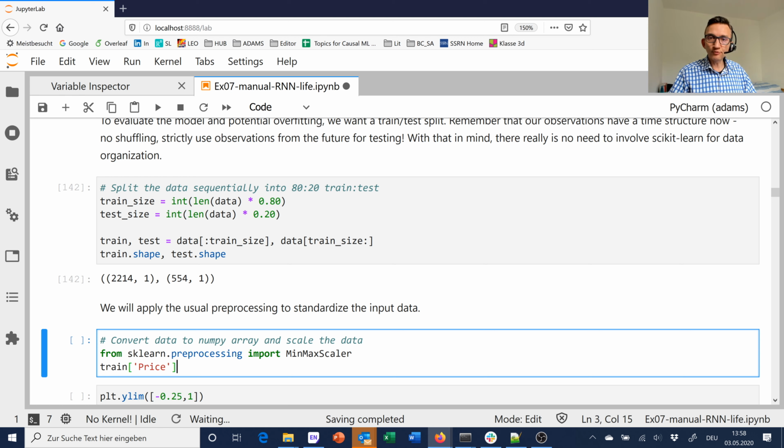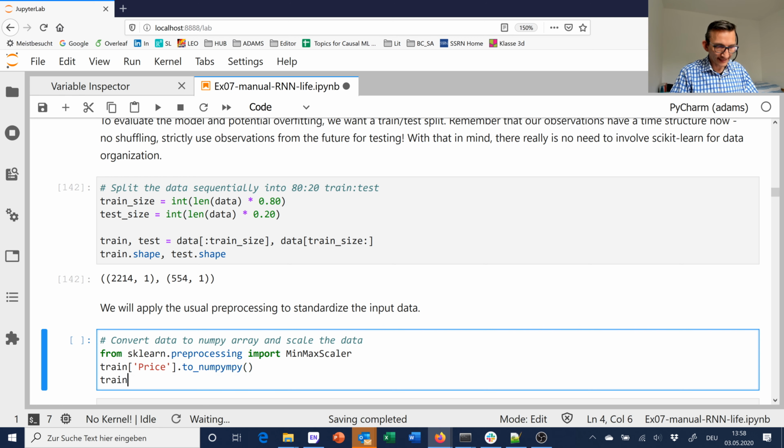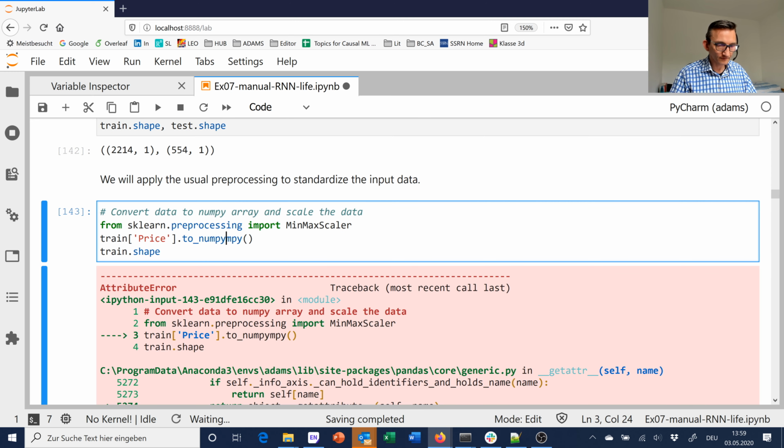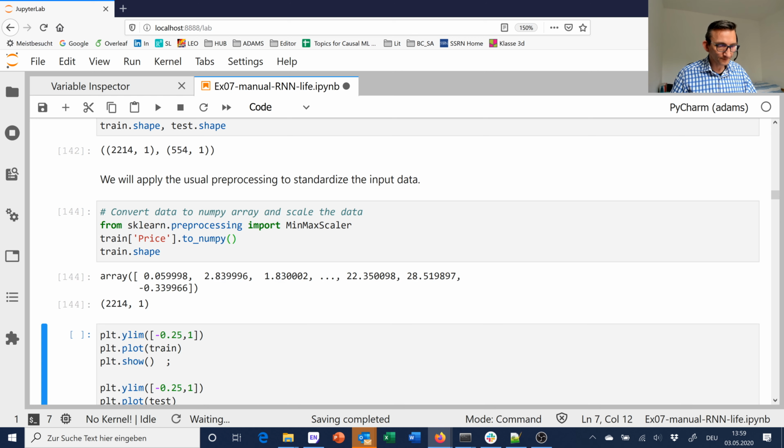Since deep learning libraries typically want the data as a Numpy array, we can convert that to Numpy. And when we convert that to Numpy, well, let's have a look at the shape that we get. So that is basically the training set size, and the column dimension is 1.